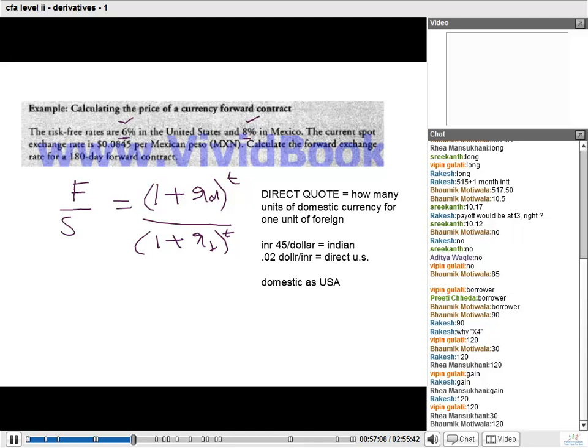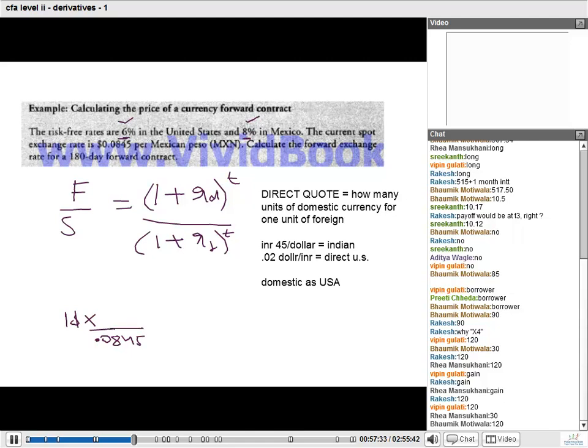Now if I borrow $1 in the United States, how many Mexican peso will I be able to convert it into? So borrow $1 because it's cheaper and convert it into Mexican peso. $0.085 is what you have to pay for 1 Mexican peso.